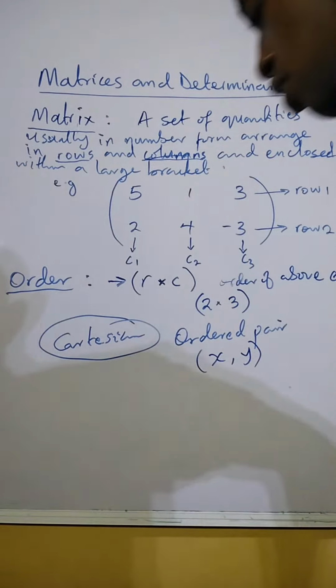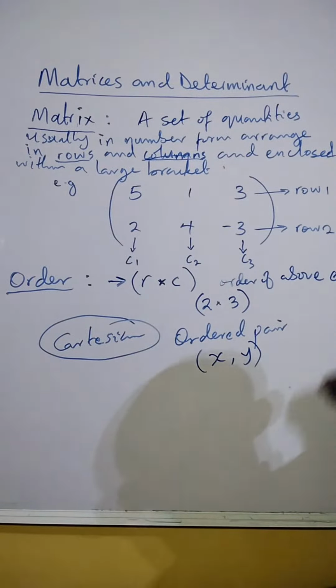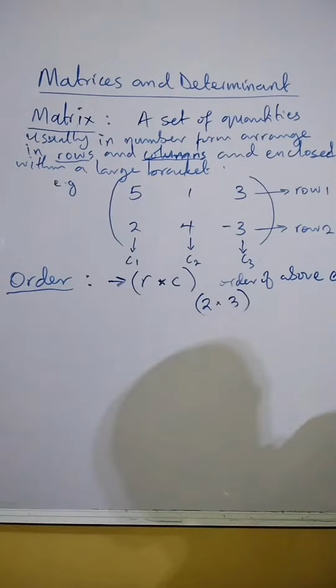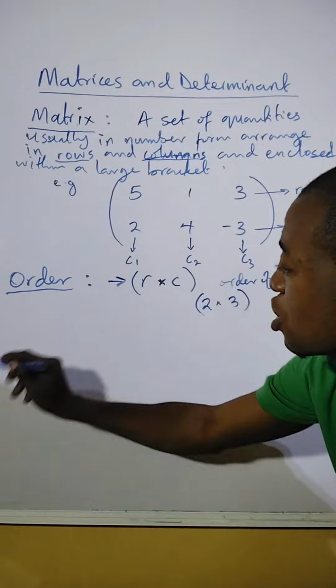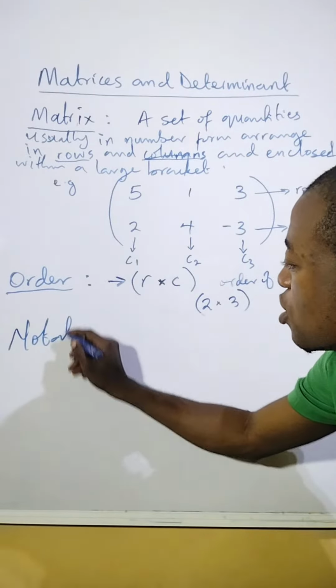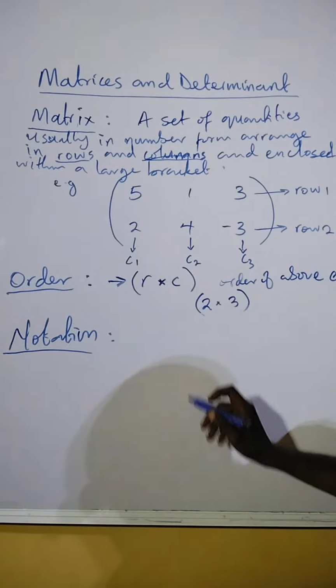All right. Then also we have something called the notation of matrix. When we have a matrix, it is always denoted by a capital letter.